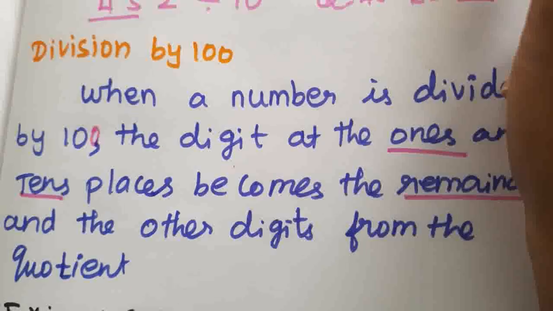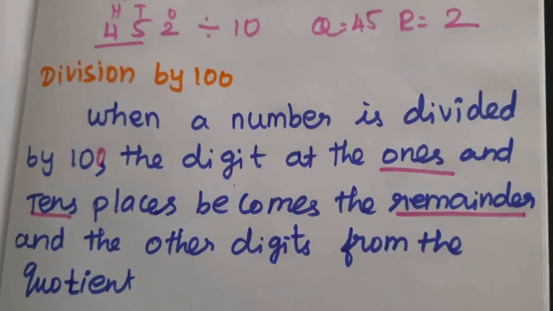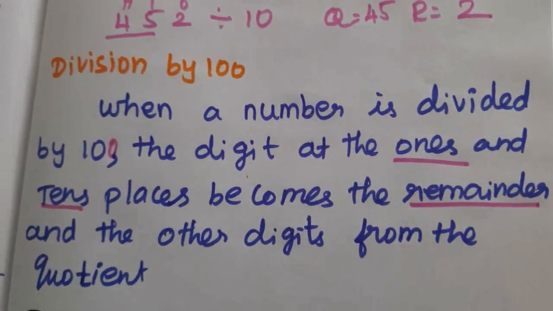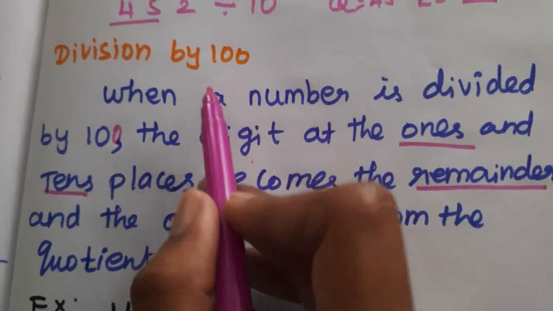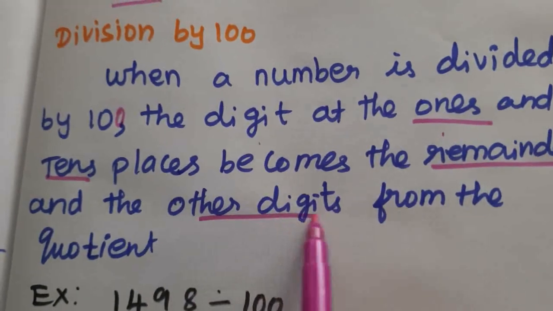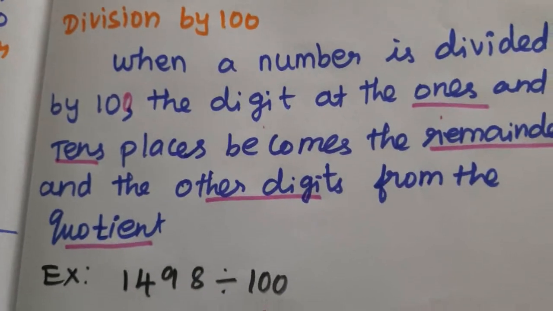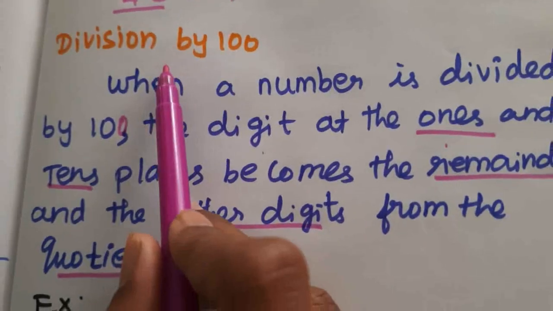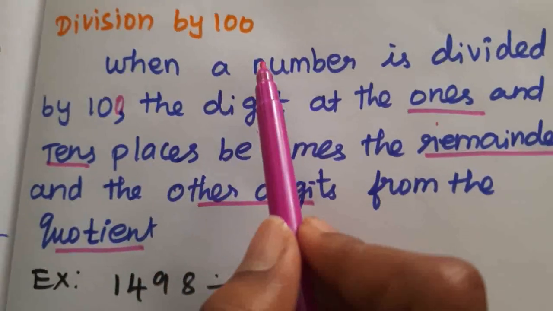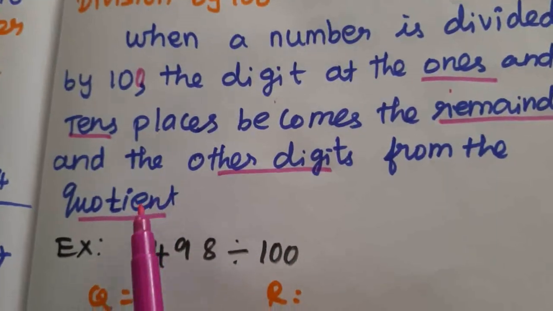In the previous method, divided by 10, only the ones place is kept as a remainder. But here it is 100. 100 means ones and tens place become the remainder. The other digits are kept as the quotient. Okay, so division by 100 means ones and tens place is the remainder, and the remaining digits are the quotient.